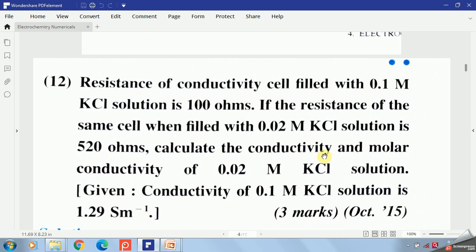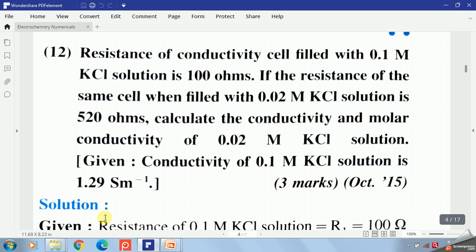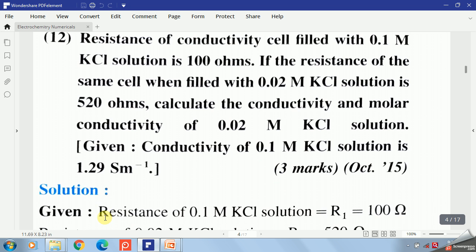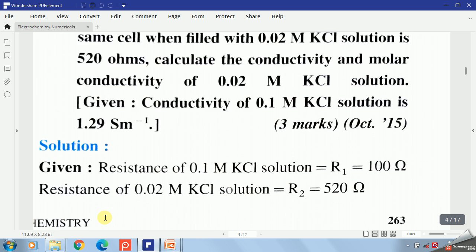Then you have to calculate conductivity and molar conductivity of that second solution, that means K2 and lambda 2, if conductivity K1 of the first solution is equal to 1.29 Siemens meter inverse. So these are the given things.